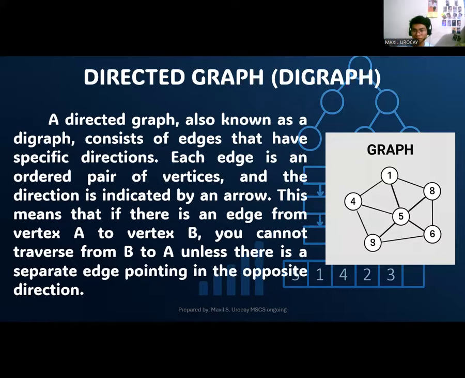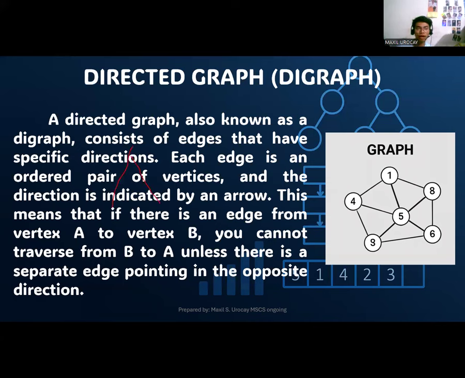For directed graph, also known as digraph, it consists of edges that have specific direction. Each edge is an ordered pair of vertices and the direction is indicated by an arrow. This means that if there is an edge from vertex A to vertex B, you cannot traverse from B to A unless there is a separate edge pointing in the opposite direction.